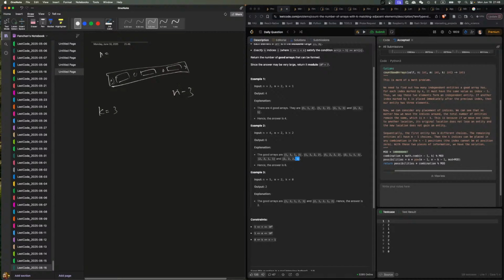We have 4 in between, and we have these. That's the original. Now if these two get merged, right? If these two get merged, so I'm losing an entity here, right?